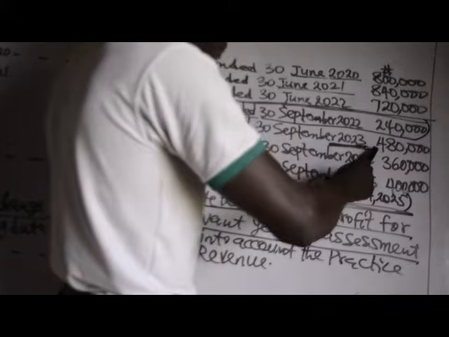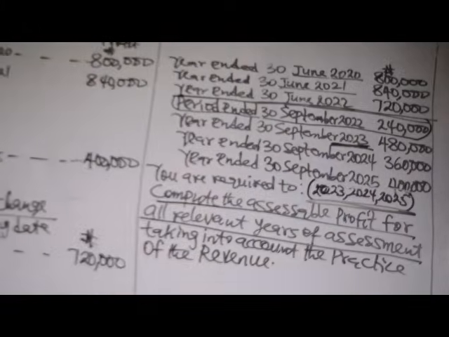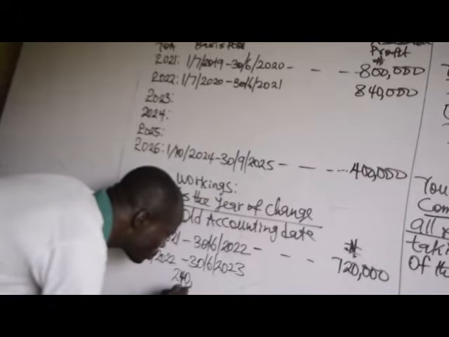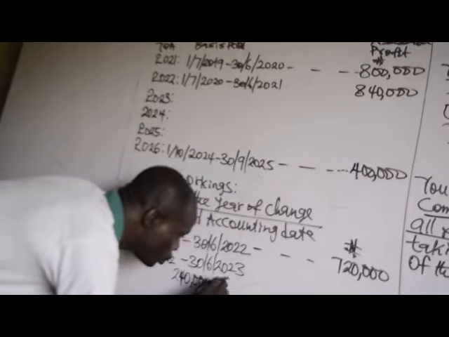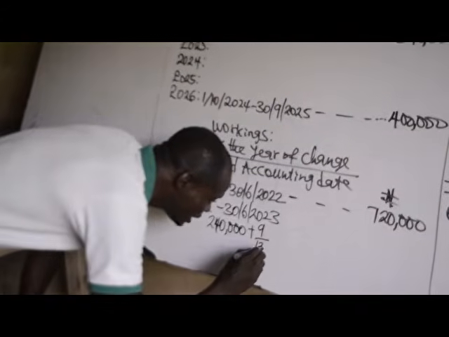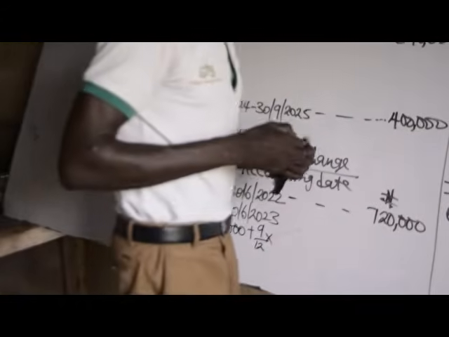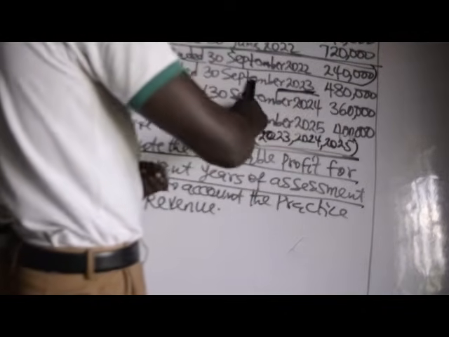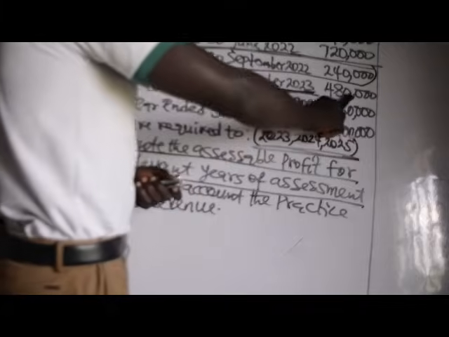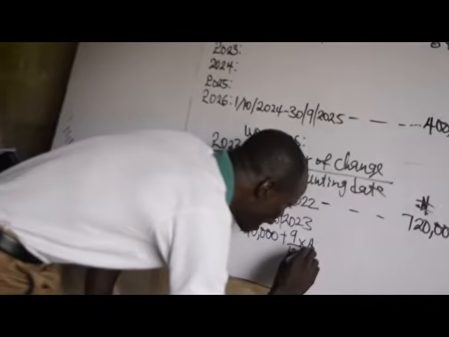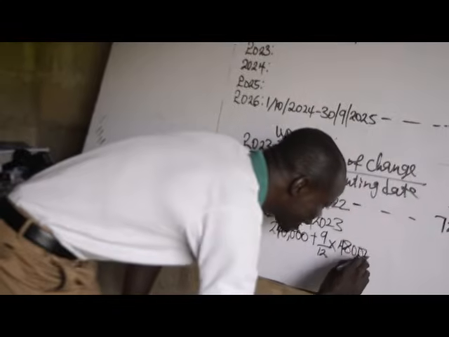So we have 3 months profit, and that is given to be 240,000, plus you are taking 9 months profit from the profit of 480,000. Notice profit of 480,000 is a profit of 12 months. So you are taking 9 months from the 12 months: 9 over 12 times 480,000.